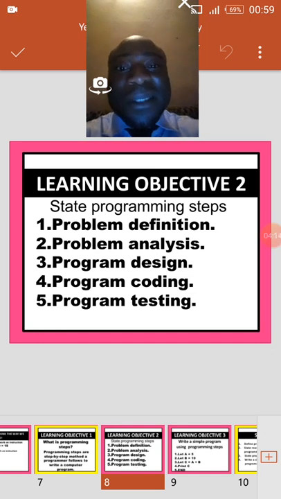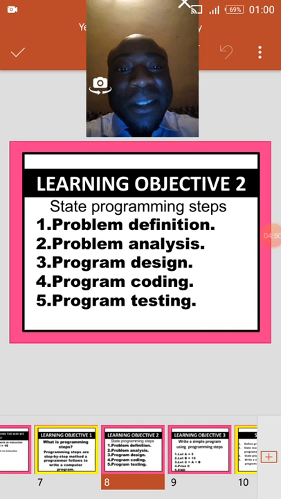Now in number 2, problem analysis. This is where a programmer thinks of how to solve the problem in number 1. Now number 3, program design. This is where a programmer does a rough sketch on a sheet of paper in order to know how he can apply a solution to the problem at hand.